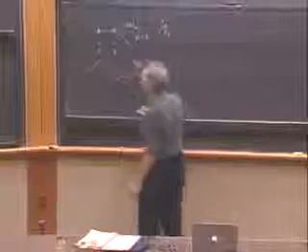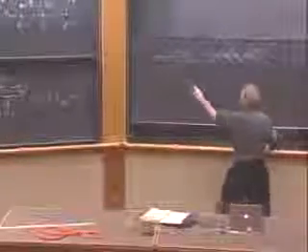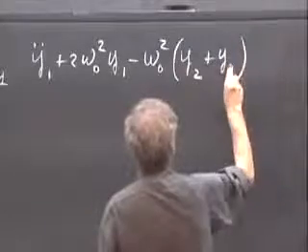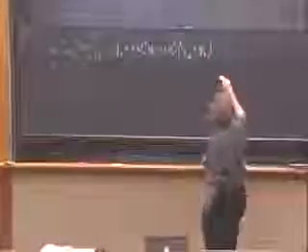So we get y1 double dot plus 2 omega 0 squared times y1 minus omega 0 squared times y2, that's this particle. And then we get plus y p minus 1, which is plus y0, which happens to be 0, by the way, because y0 here is 0.